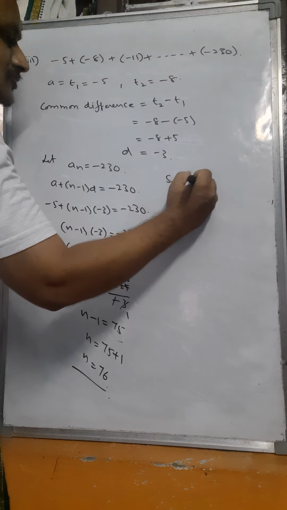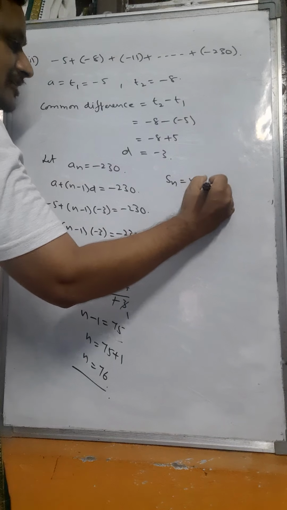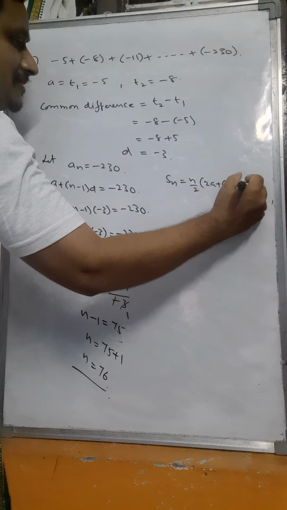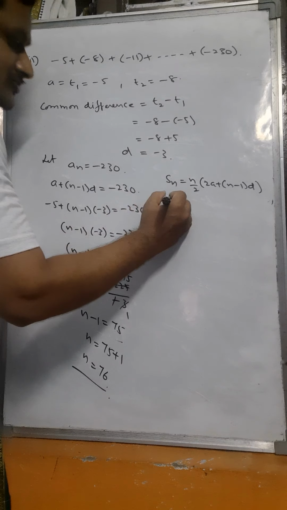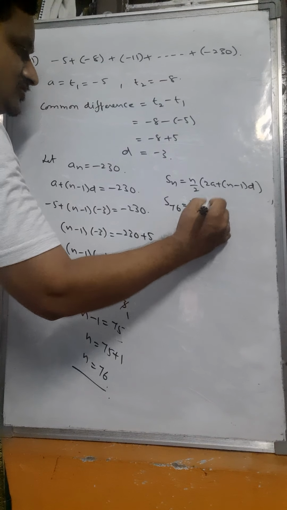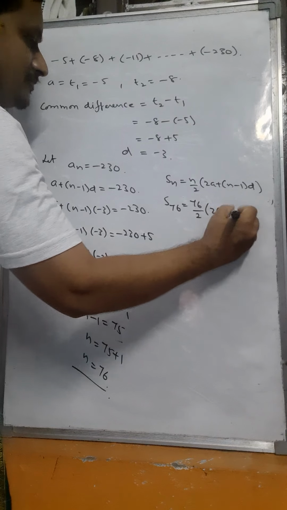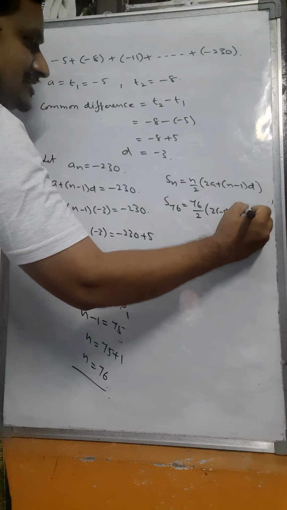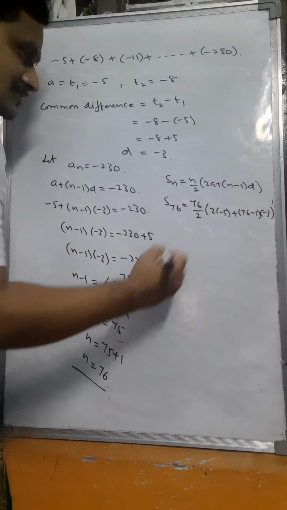Sn is equal to n by 2 into 2a plus n minus 1 into d. S76 is equal to 76 by 2 into 2a, 2 into minus 5 plus 76 minus 1 into d, d means minus 3.